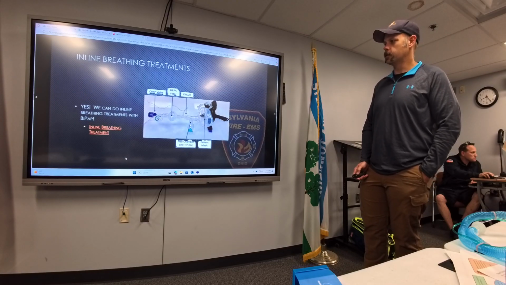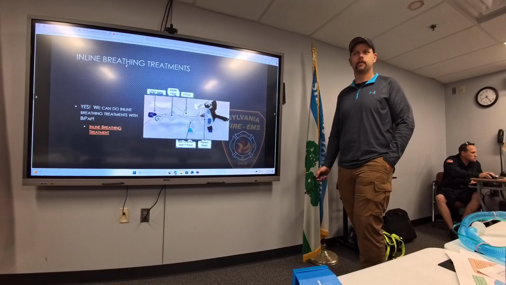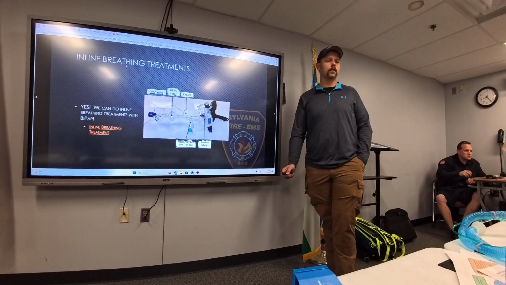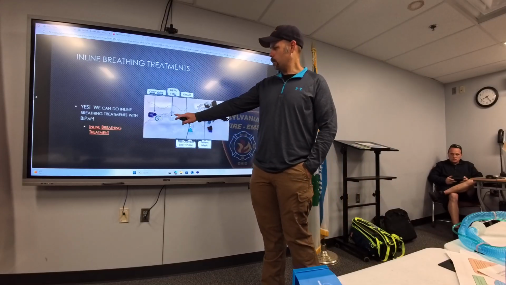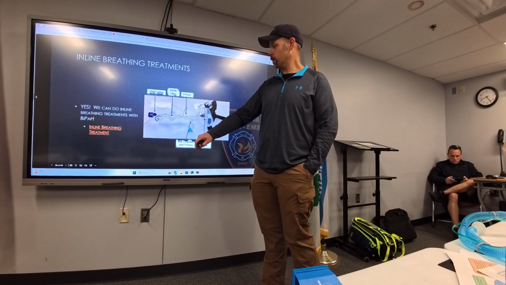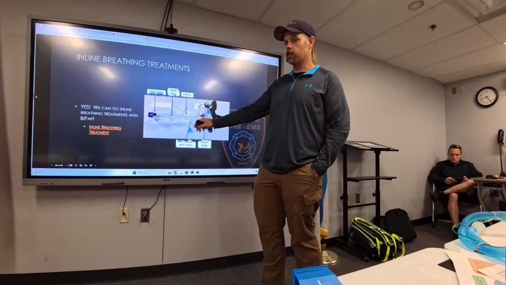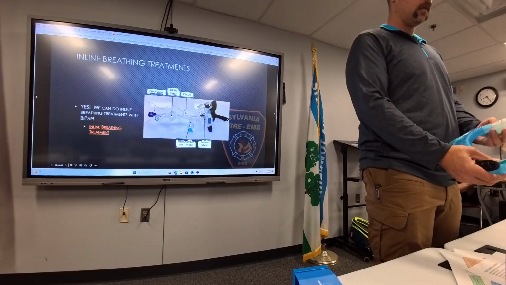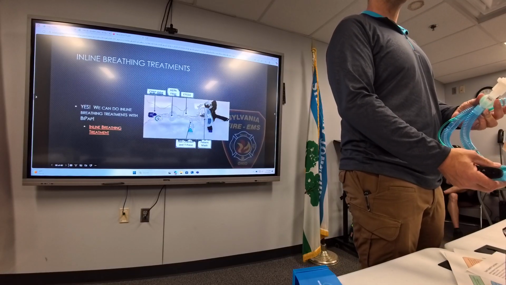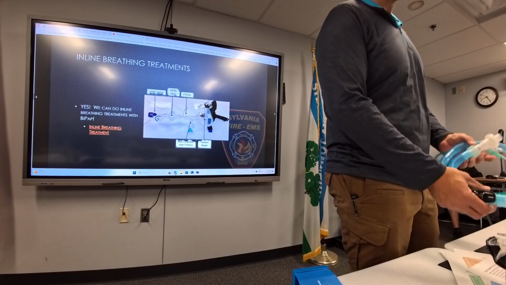All right. Has anybody ever done an inline breathing treatment? We can do them with our CPAP. So, if you look, they have a HEPA filter in there. You can put that on the end of your expiratory side if you're worried about them having a bunch of cooties and you don't want to get up.